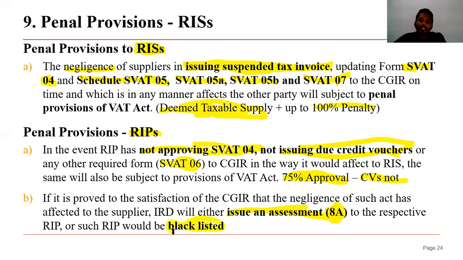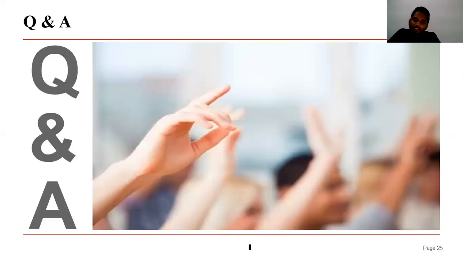The Commissioner General can cancel your SVAT registration as RIP. Then you cannot enjoy the SVAT. Then again you have to purchase under normal VAT, and you will end up in a refund situation, and you will never get that refund. That is the penal provisions.